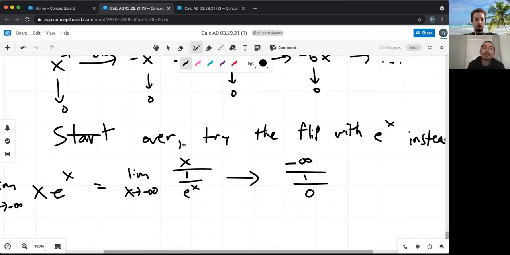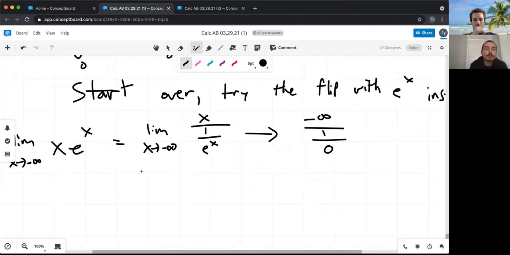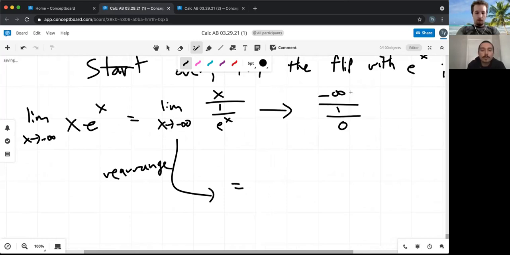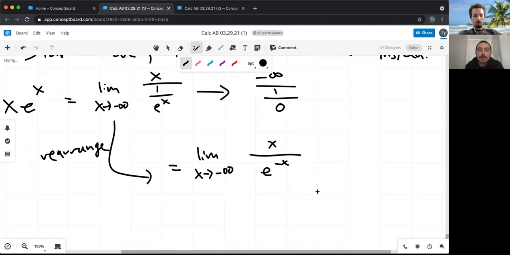Let's try to rearrange this. We can't use L'Hopital's rule like this. Another way to write 1 over e to the x is e to the negative x. So let's try that instead.